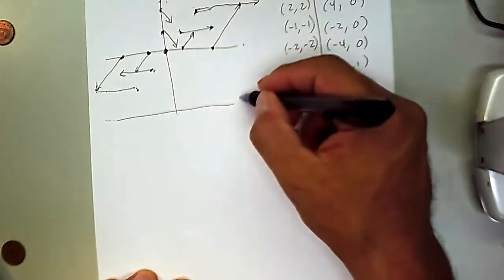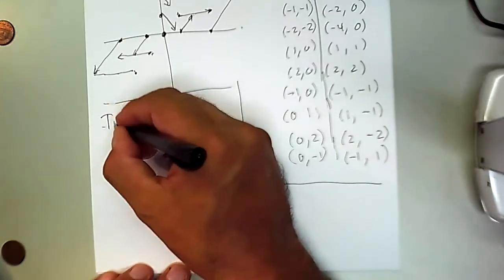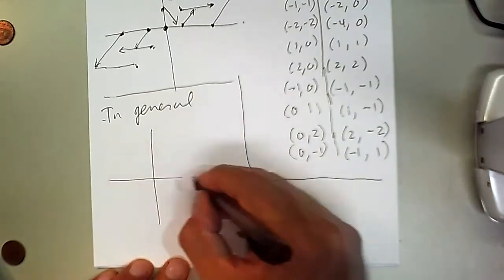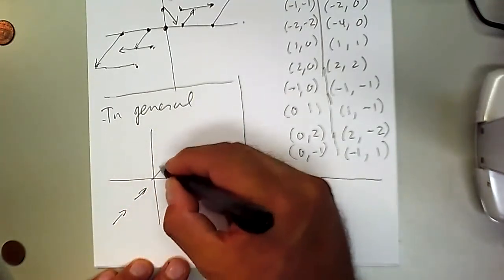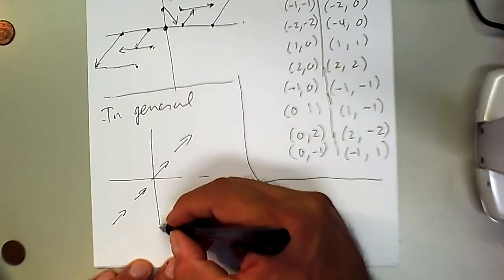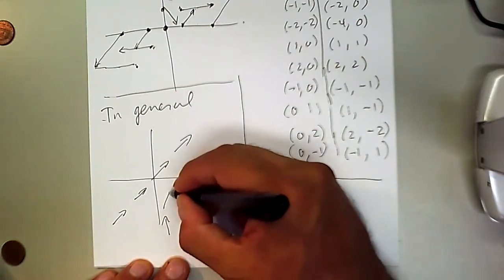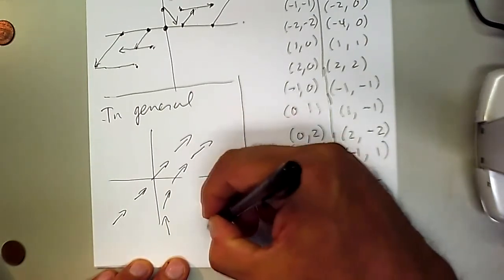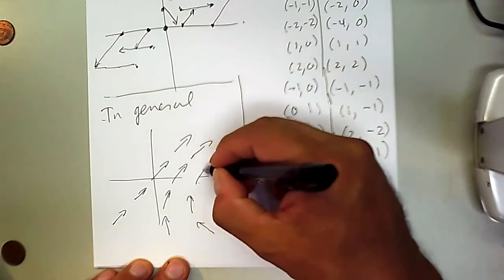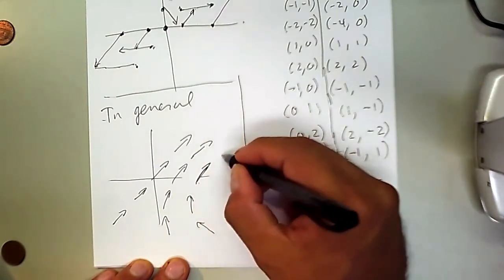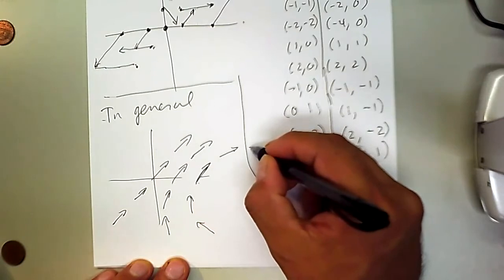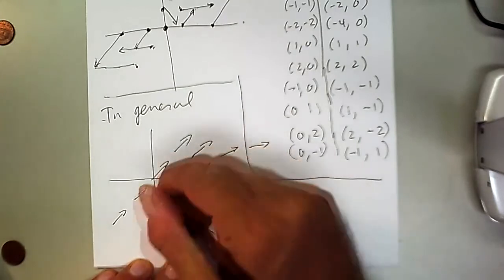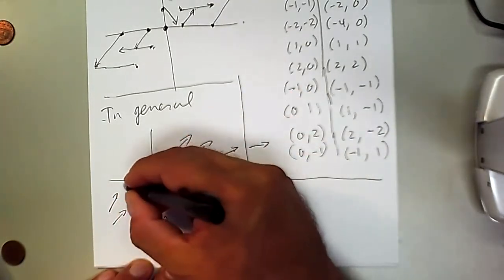You can plot more, but just in general, a vector field oftentimes kind of looks like this: arrow, arrow, arrow, and then maybe more arrows going this way and diverging and maybe coming this way. Oops, that's supposed to be straight. All of the arrows are supposed to be straight, but as they move, they change direction. So a lot of vector fields look like this.